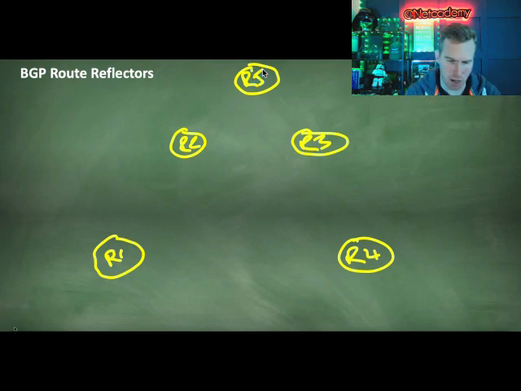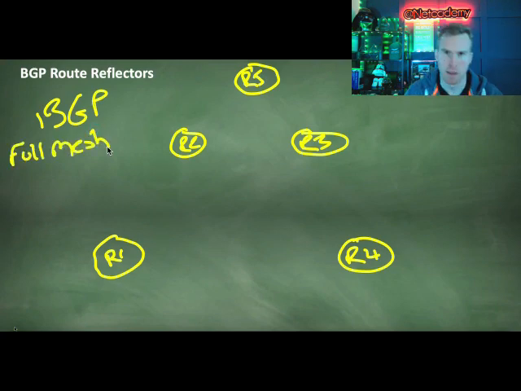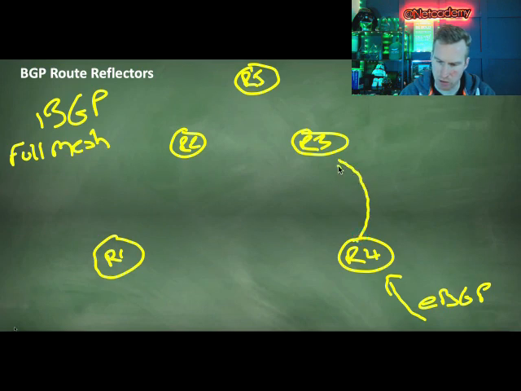Now with iBGP, what is required is for all these routers to have iBGP peering with one another, so they have a full mesh of connectivity, and that's important. If you don't know why, please refer to one of the videos I've done in the past. But if, for example, a network prefix is coming into router R4, so this would be eBGP, the rule of iBGP is that R4 is going to advertise this on to router R3.